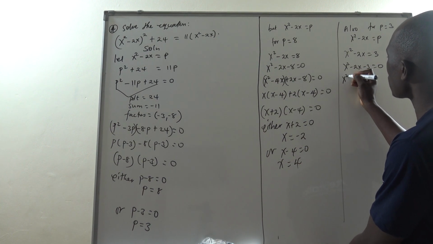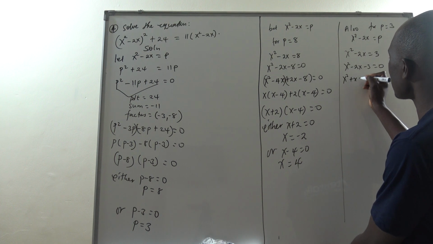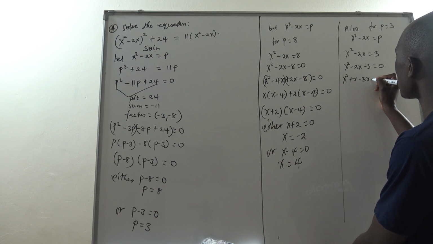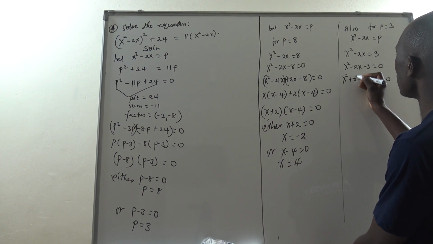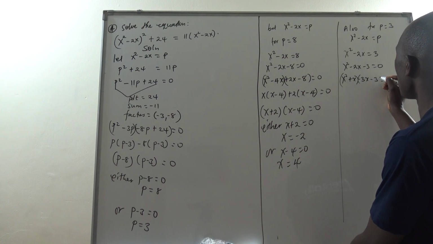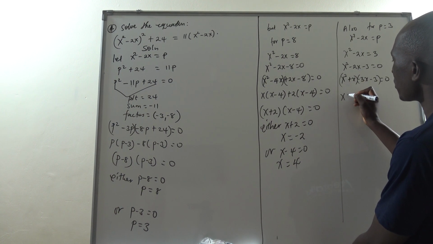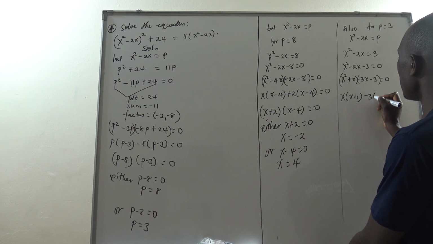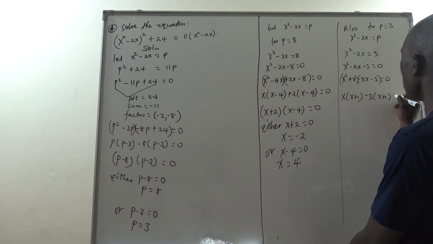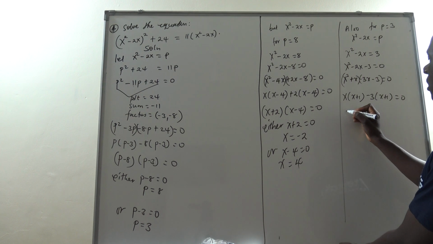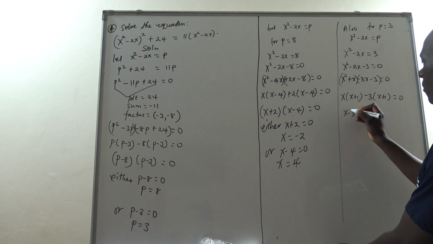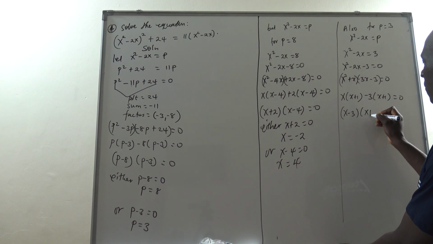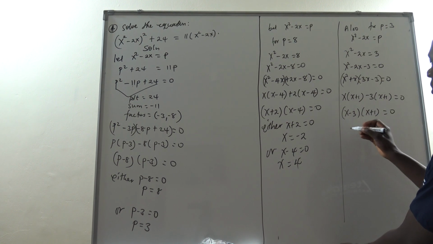So we are having x squared plus x minus 3x minus 3 equals 0. So we bring these ones, what is common is x into x plus 1, then here minus 3 into x plus 1 equals 0. So we are getting x minus 3 again into x plus 1 equals 0.